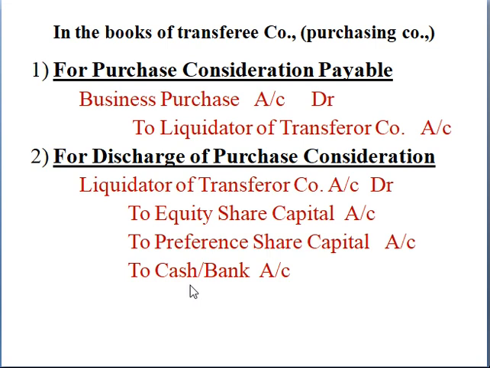The bank will be for some fractions of amount. In some cases, if any amount is paid which is less than the face value, that is called fractions. You will understand while doing problems. So liquidator of transferor company account debit, to equity share capital account, to preference share capital account, to bank account.